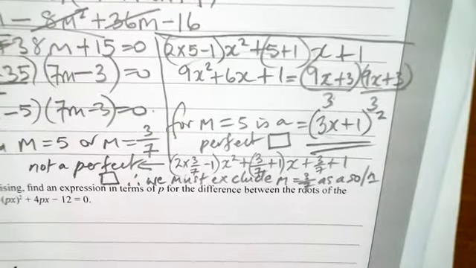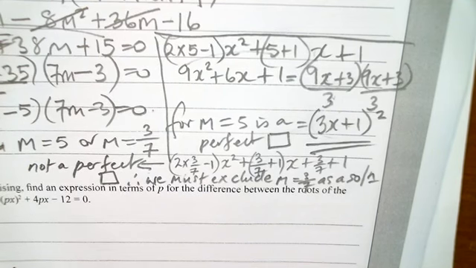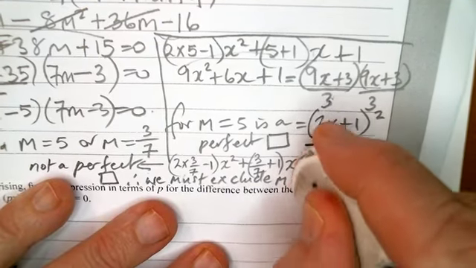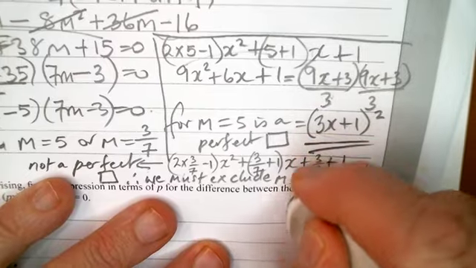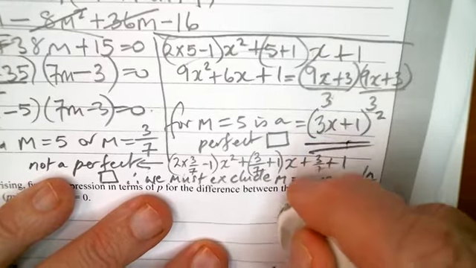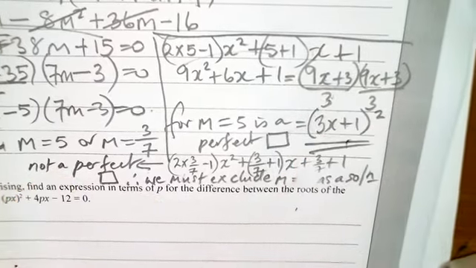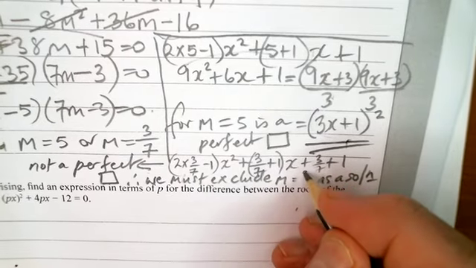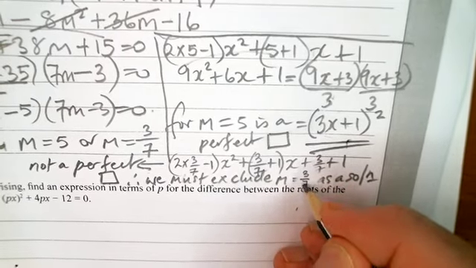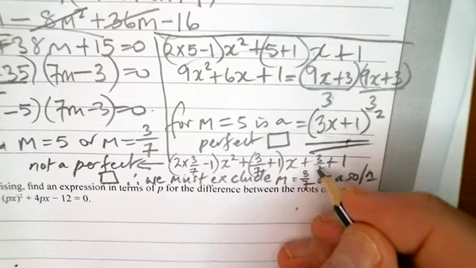Yeah? So we must exclude 3/7. Why don't I write that so it actually looks like it's 3/7? M equals 3/7 as a solution.